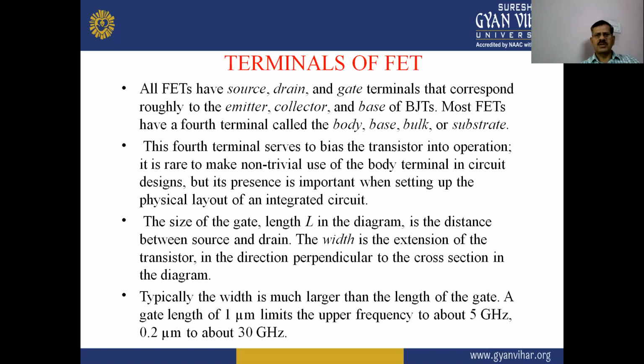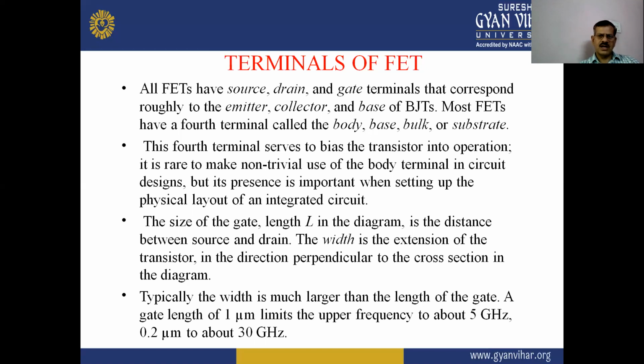So the terminals of the FET are the gate, source and drain. All FETs have source, drain and gate terminals that correspond roughly to the emitter, collector and base of the BJT. Most FETs have a fourth terminal called the body, base, bulk or substrate.